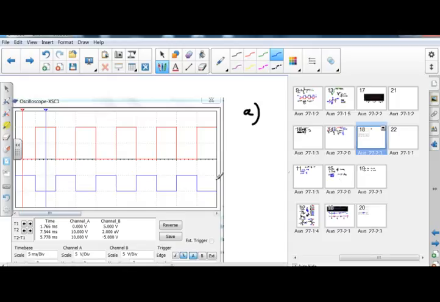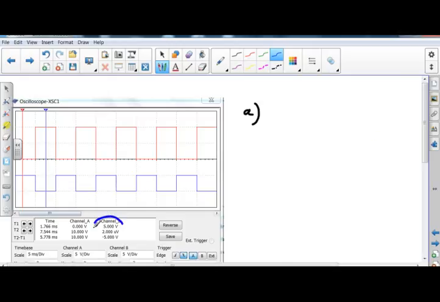So that's my prediction right here. It was 5 volts. So in the A part, I had 5 volts in channel B, V out, when the voltage was low, and I had basically 0 when it was high. It says 2 microvolts. Well, 2 microvolts is 0.